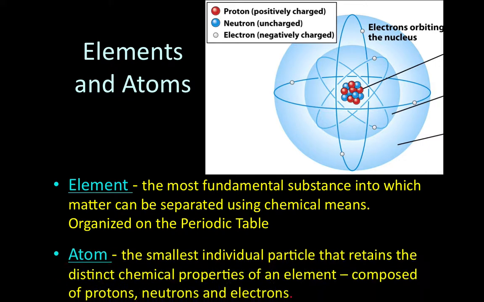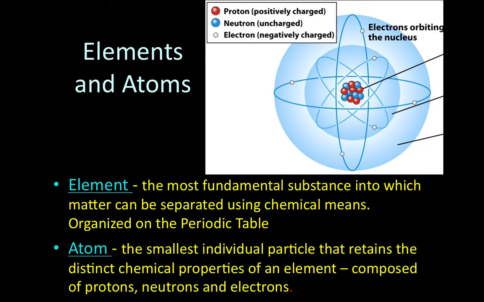The smallest part of an element is basically what an atom is. An atom is the smallest individual particle that retains distinct chemical properties of an element, and it's the periodic table that lists the known elements that we have in nature. There's about 112 known elements and about 20 that have been man-made.